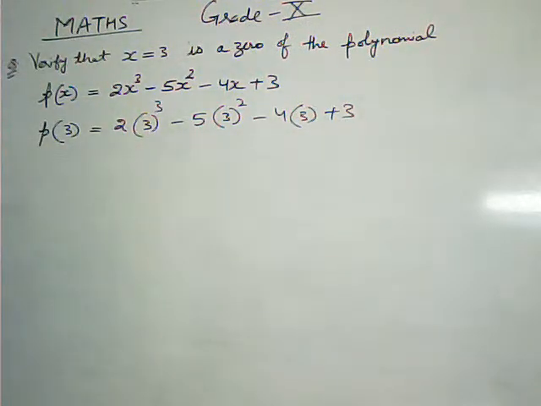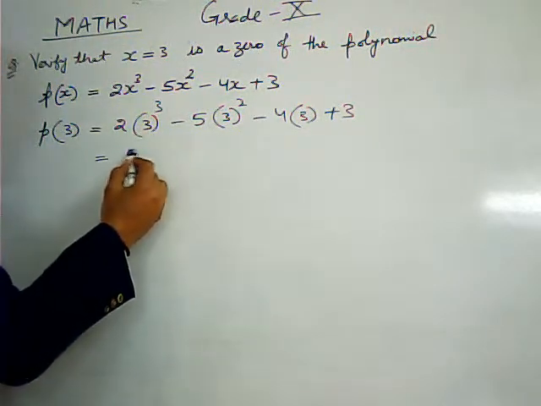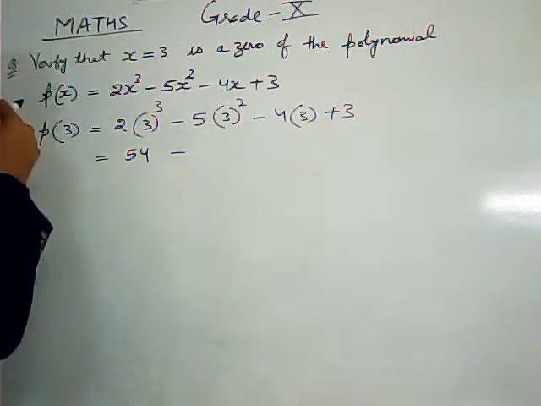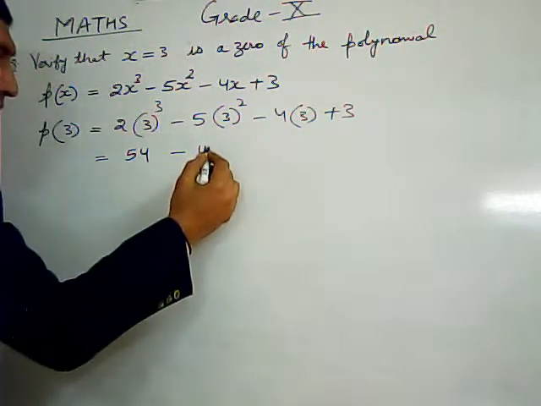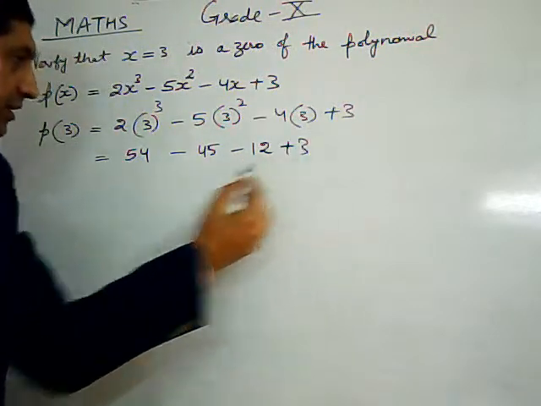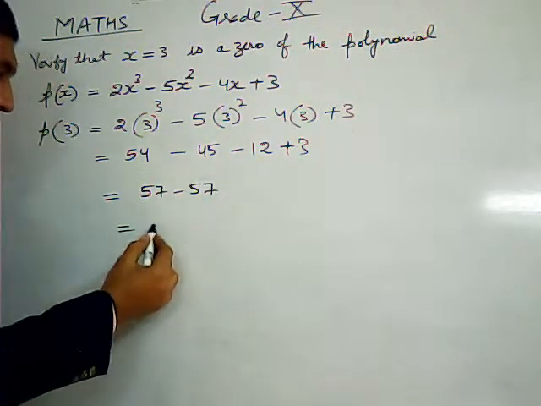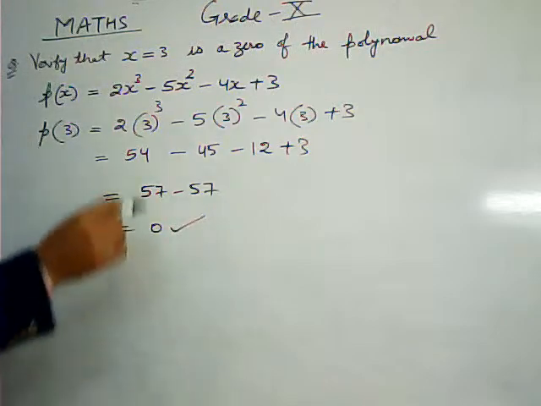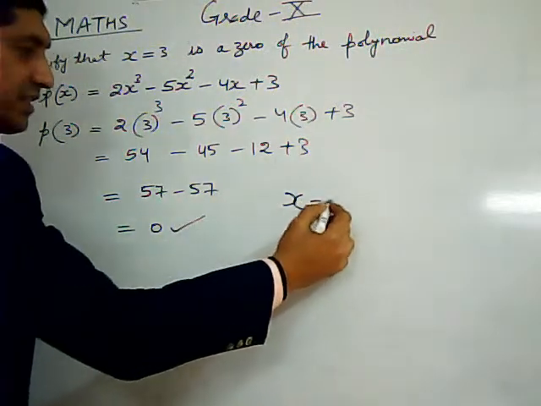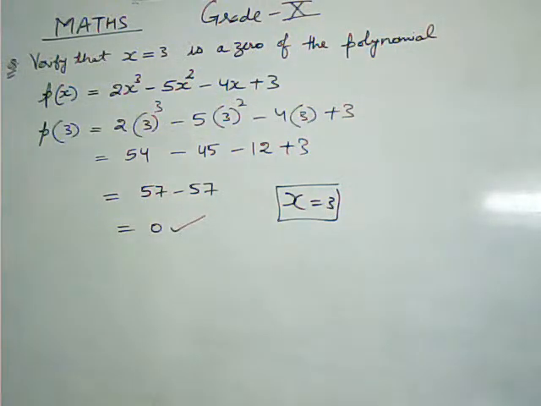Putting the value, we have 3 3s are 9, 27 into 2, 54, minus 9 5s are 45, minus 12 plus 3. So here, 57 minus 57 is equal to 0. So x is equal to 3 is the zero of the polynomial.